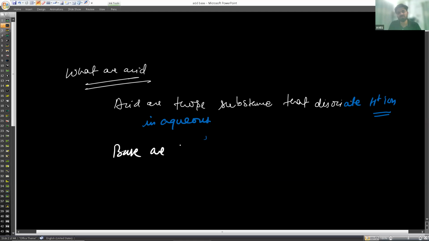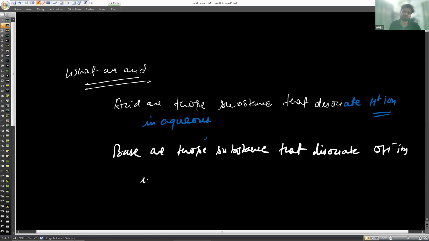Bases are those substances that dissociate OH negative ions in aqueous. Have you already written this in your copy or not?